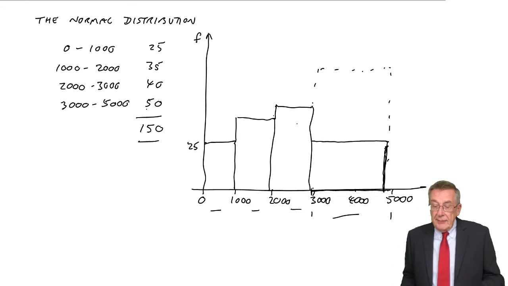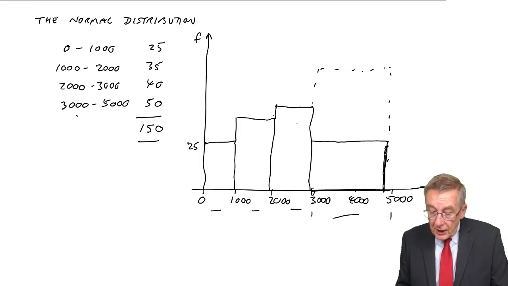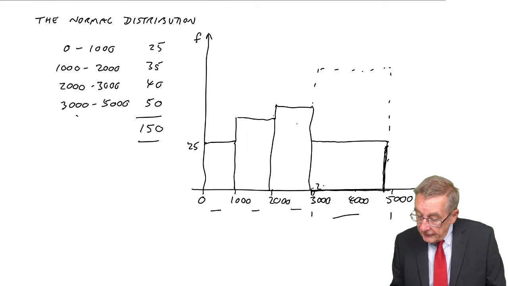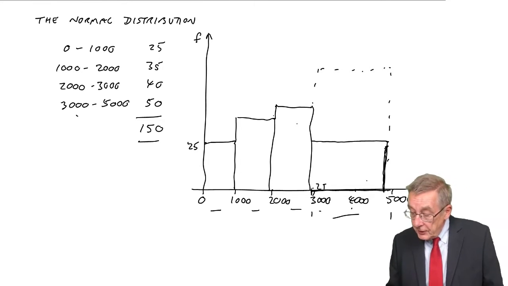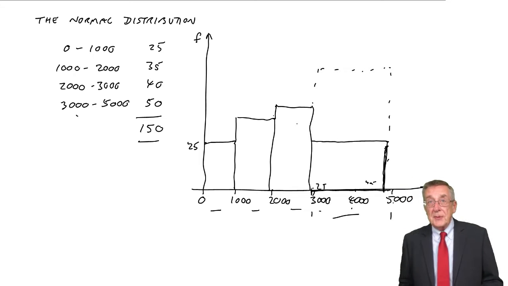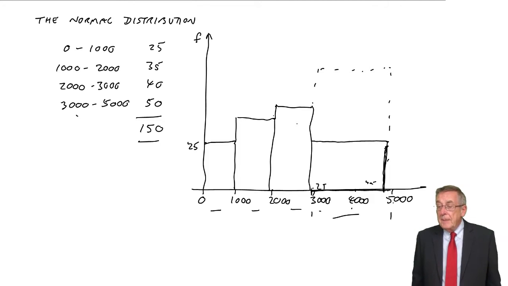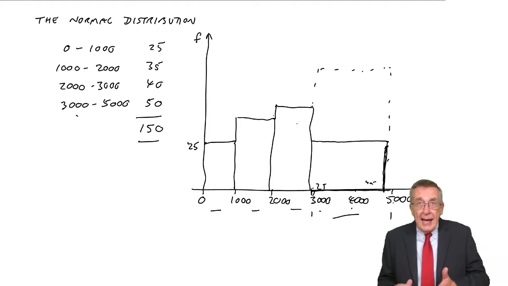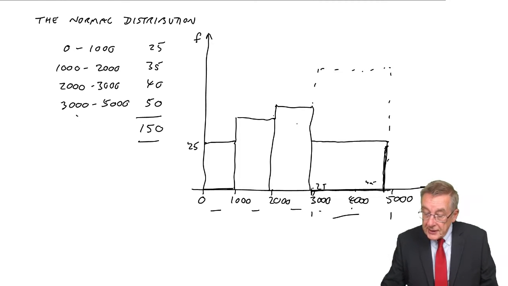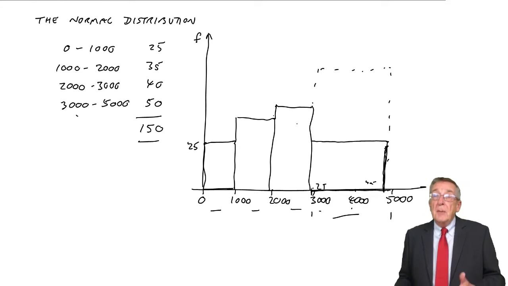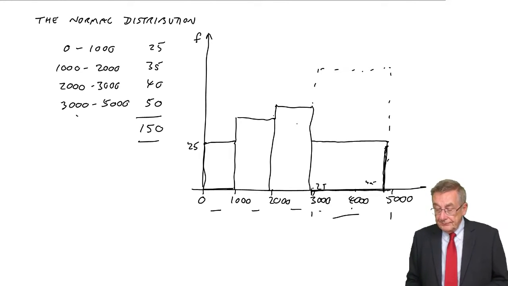I don't know if it's spread evenly, but if it were, there'd be 25 between 3,000 and 4,000 and 25 between 4,000 and 5,000. The histogram there is much more representative, but always it's the area, the width times the height, that is proportional to the frequency.